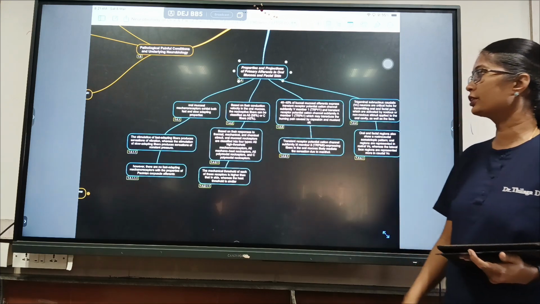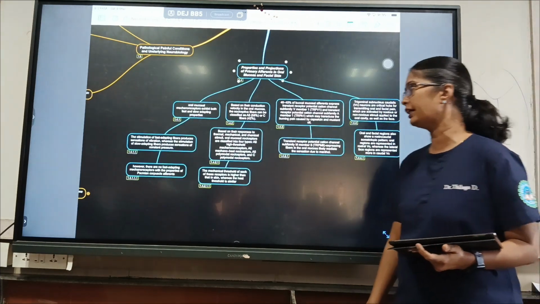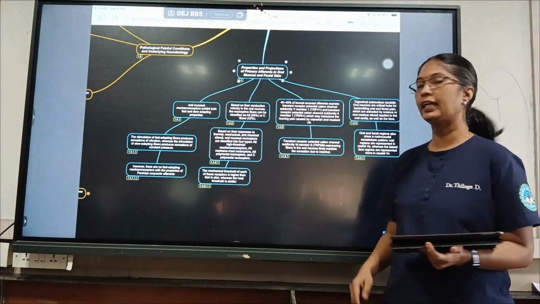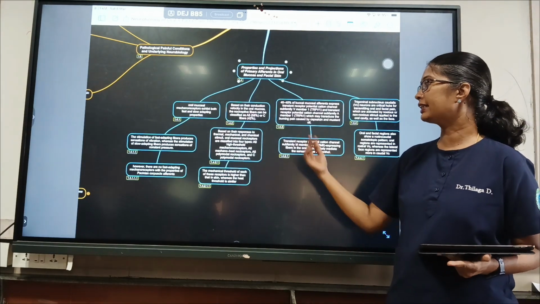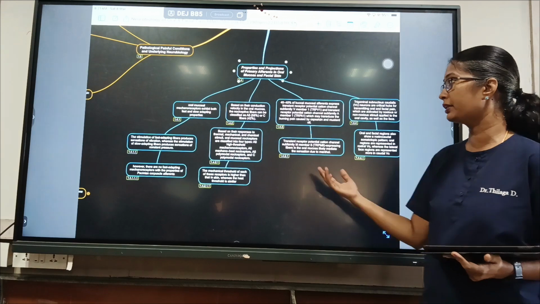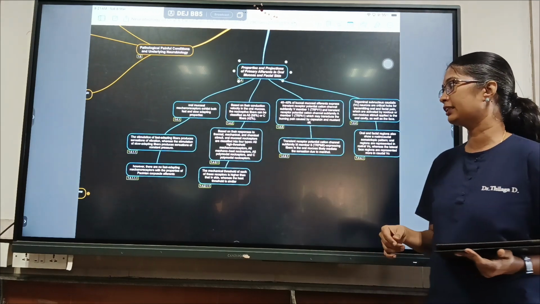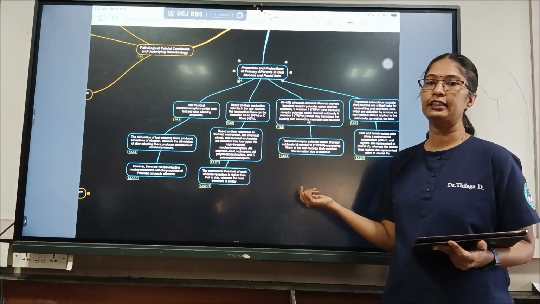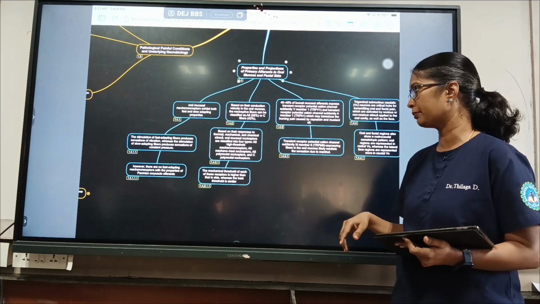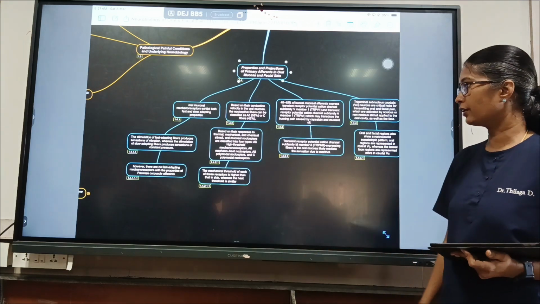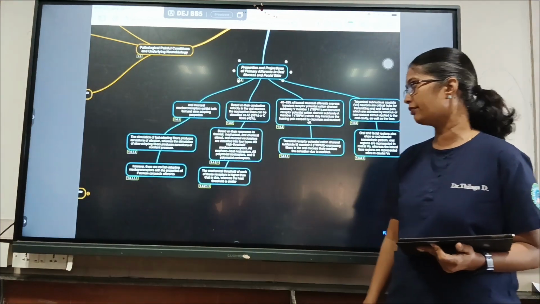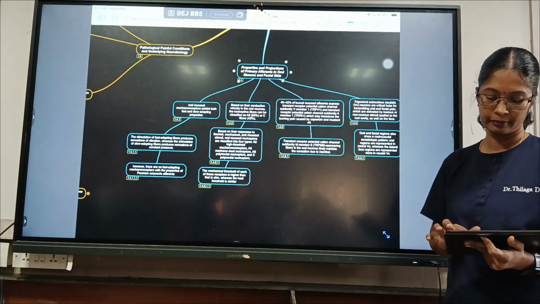Based on their responses to thermal, mechanical and chemical stimuli, oral mucosal nociceptors are classified into 4 types. That is A delta high threshold mechanoreceptor nociceptors, A delta mechano-heat nociceptors, A delta polymodal nociceptors, and C polymodal nociceptors. And the mechanical threshold of each of these receptors is higher than in the skin, whereas heat threshold is similar.